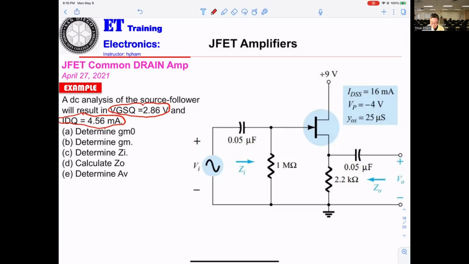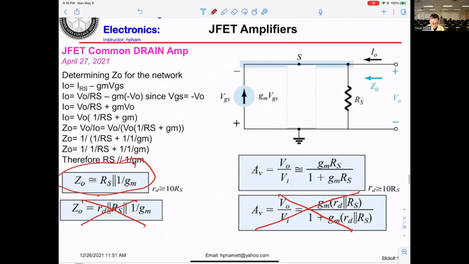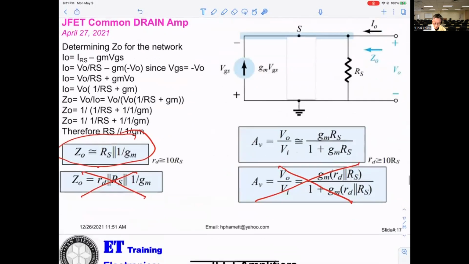Okay. Output impedance. If you look this way, you're able to get output impedance and the gain. So that will be telling you everything here. Okay. Output impedance will be equal RS parallel with 1 over GM. Okay.